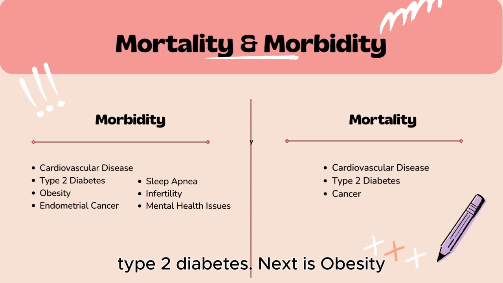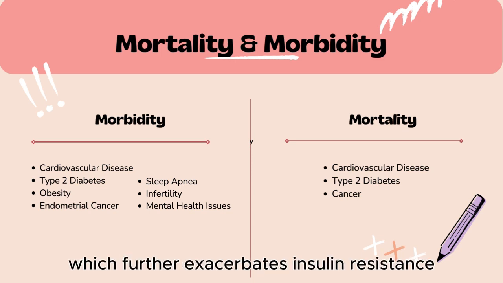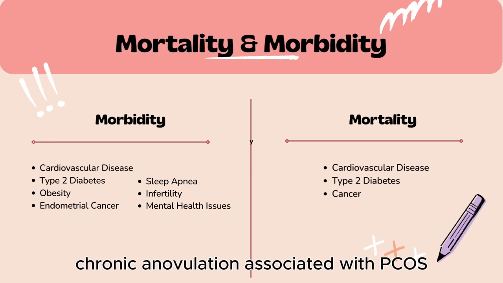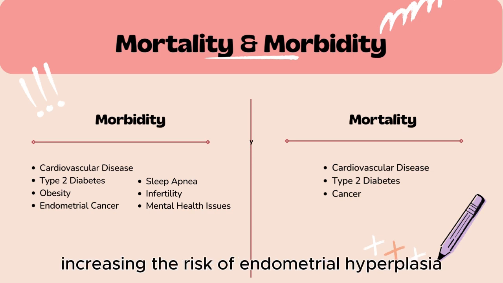Next is obesity. Many people with PCOS struggle to maintain a healthy weight, which further exacerbates insulin resistance. Next is endometrial cancer. Chronic anovulation associated with PCOS leads to unopposed estrogen exposure, increasing the risk of endometrial hyperplasia and cancer.